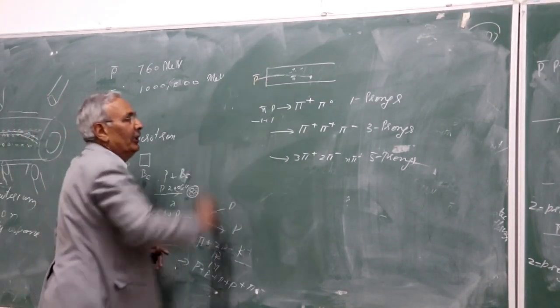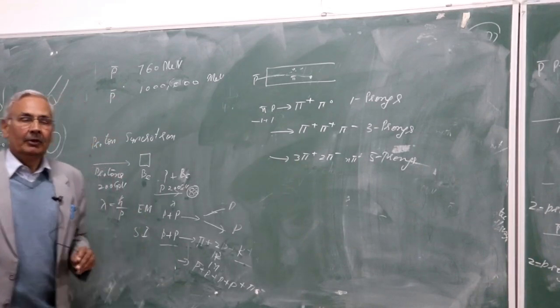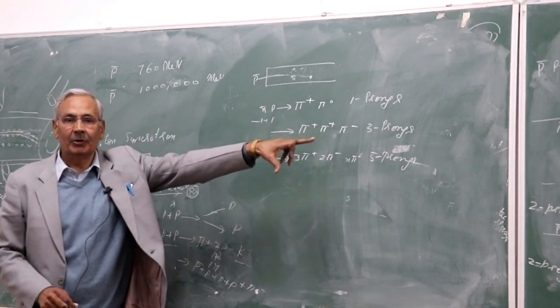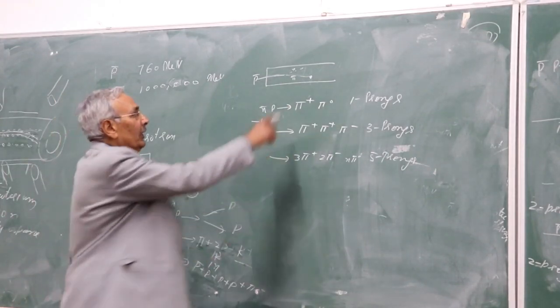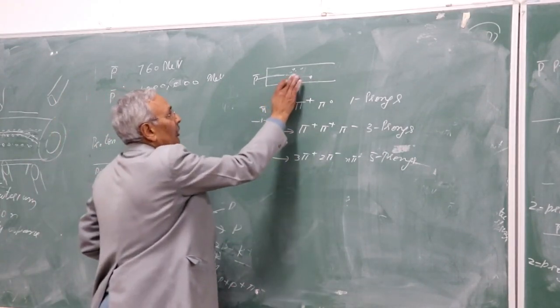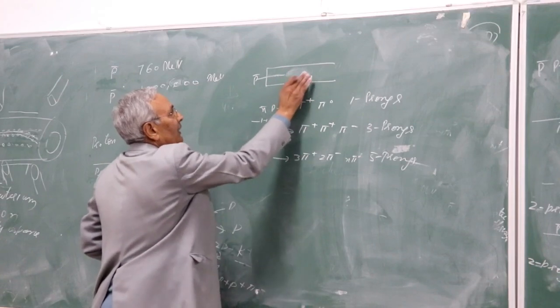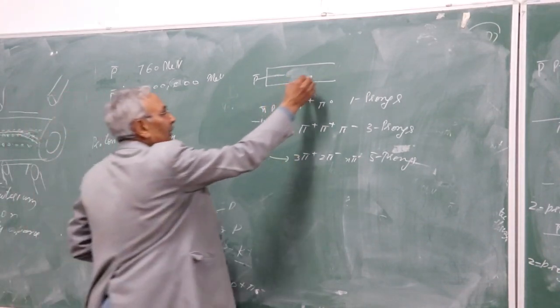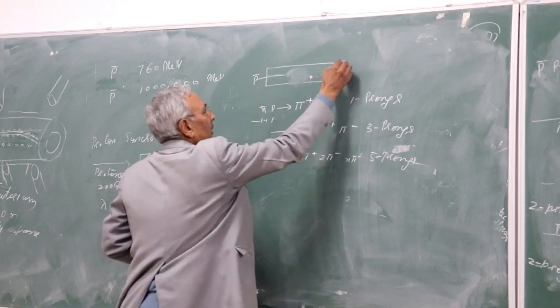Now how do you differentiate between this and the antiproton-proton interaction? In this case, you will not find anything over here. You will find only one trajectory, and that's positive.